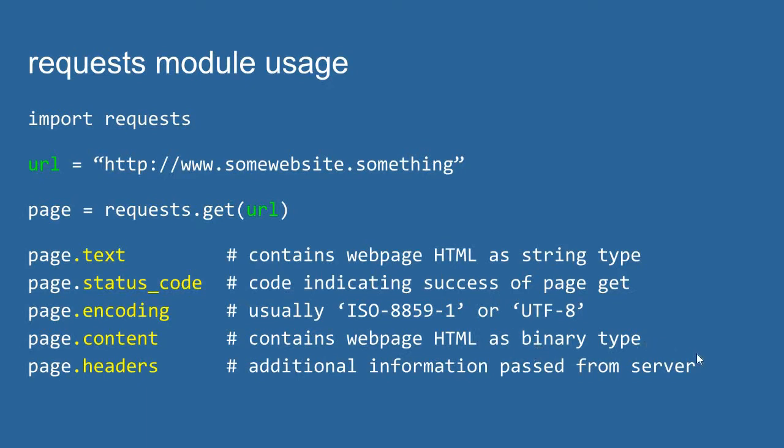So for example, if I were to request an image file, I could get the binary content of that image file. And then the headers property gives us some additional information that is provided by the server when we make our request. So there's some information inside the headers that we could use when we are trying to process files. There are more properties available, but here's a kind of a starter group of properties.